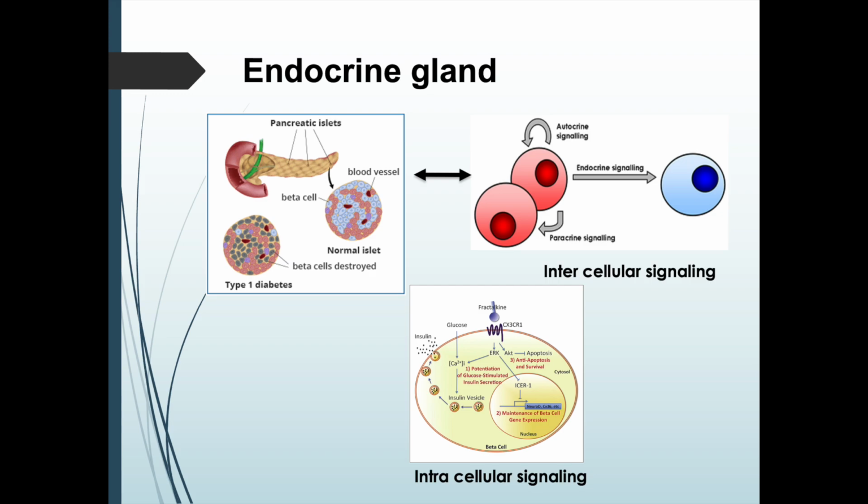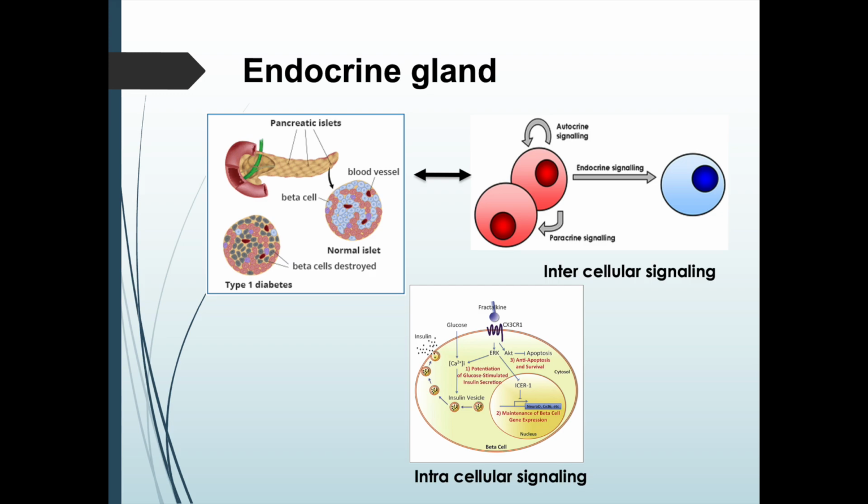If it is producing and acting on the same cell to mediate the effects, that is called autocrine signaling. If it is produced and has effects on other cells, it's called paracrine signaling. When it goes to other parts of the body or other organs, it's called endocrine signaling. That's where endocrine glands are: beta cells produce insulin that is released in the blood and reaches throughout the body.